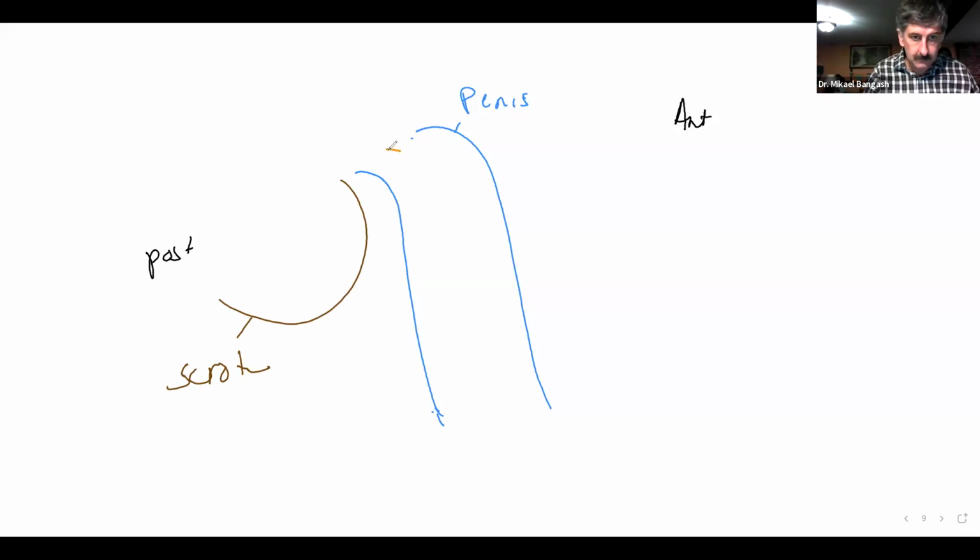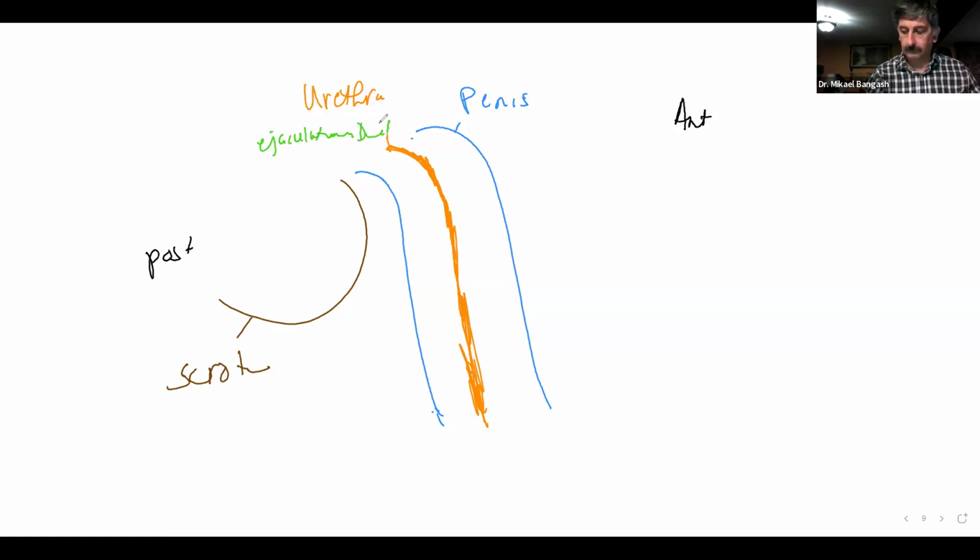Now in the penis, it's going to be the urethra, which we also call the ejaculatory duct, which was part of the spermatic cord in the prostate.